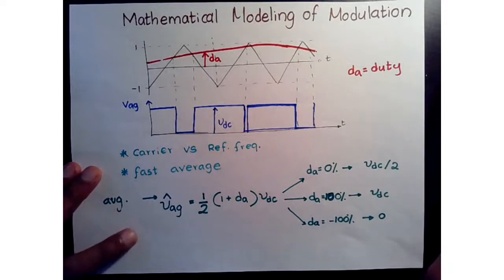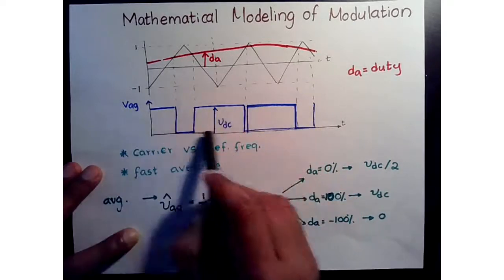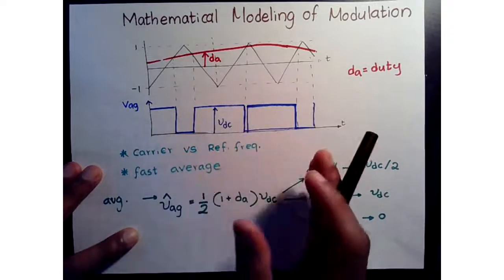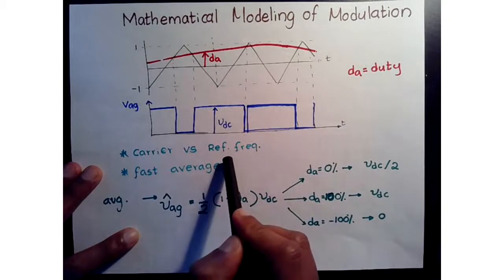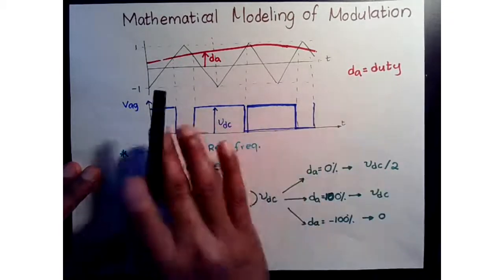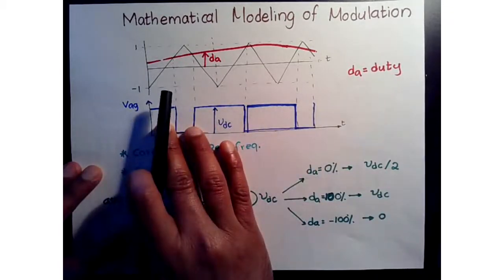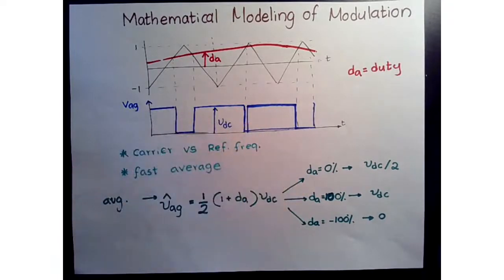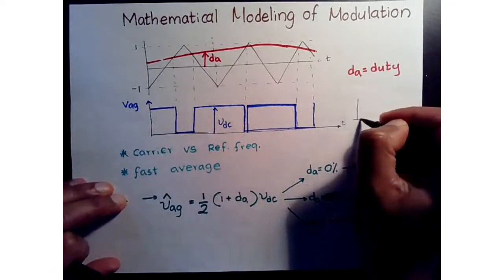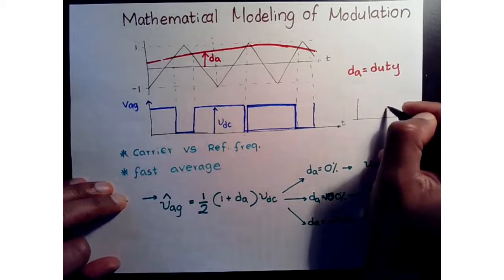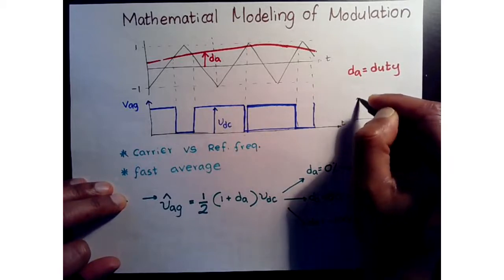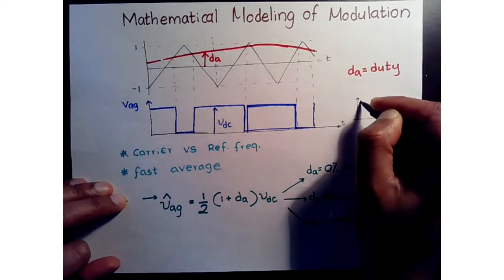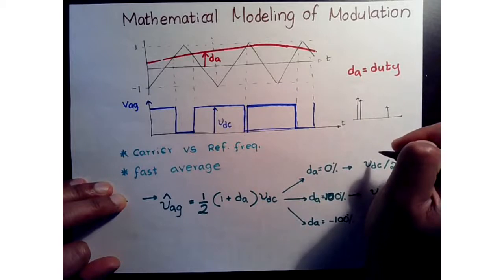Okay, and now, with PWM like this, it's a little bit difficult to analyze. So what we are considering is a filtered version of VAG for our analysis. If you look at it in the frequency domain, typically your carrier frequency will be somewhere up here, whereas the sinusoidal reference is going to be somewhere here.